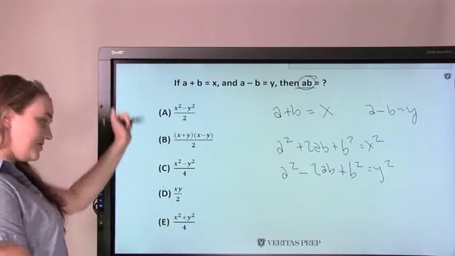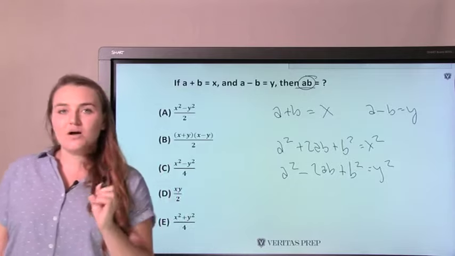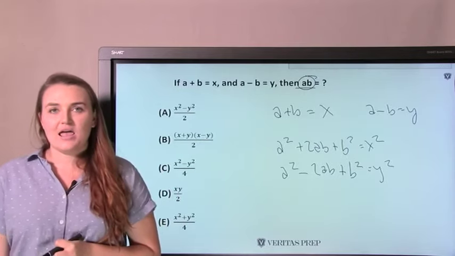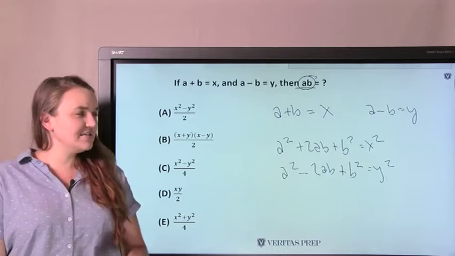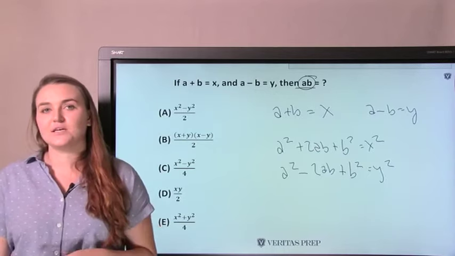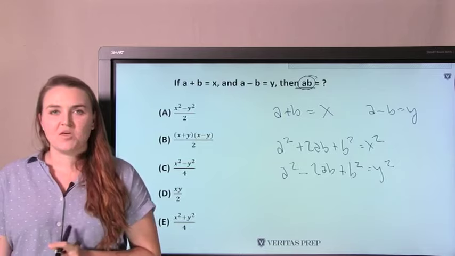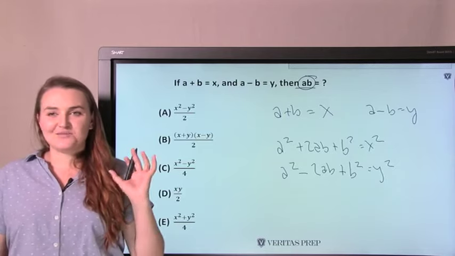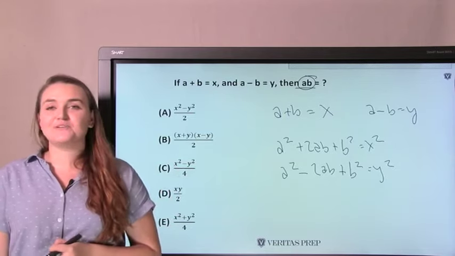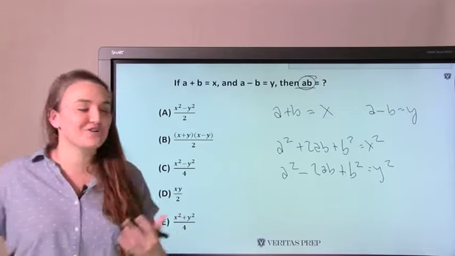Because I don't have any A squareds or B squareds in my answer choices. What can I do to isolate AB, to get rid of these A squareds and B squareds and put it in terms of x and y? And I will say this may ring a very familiar bell from a recent past question. Yeah, we're going to subtract here, right?